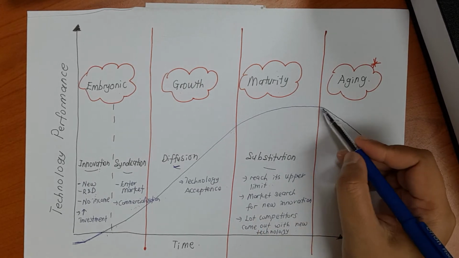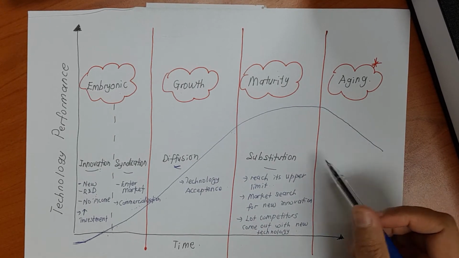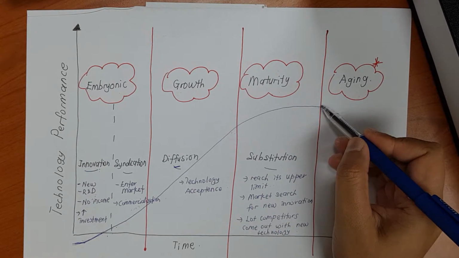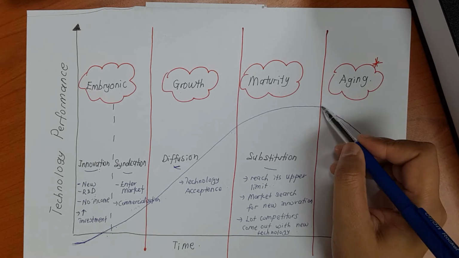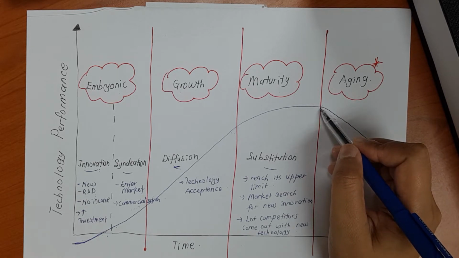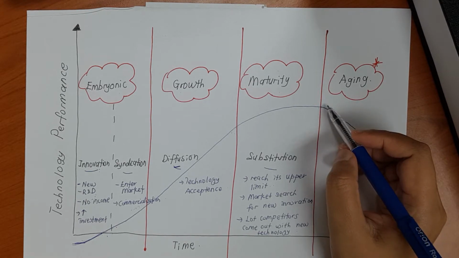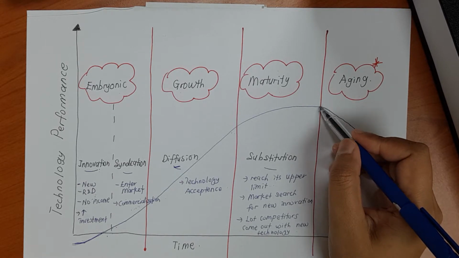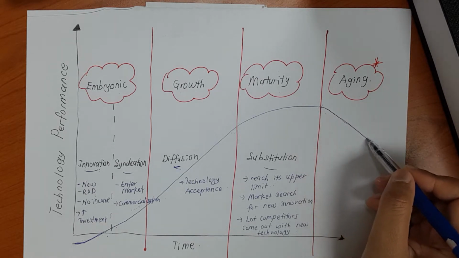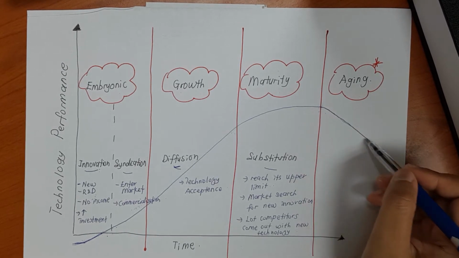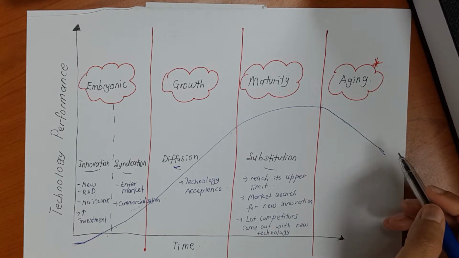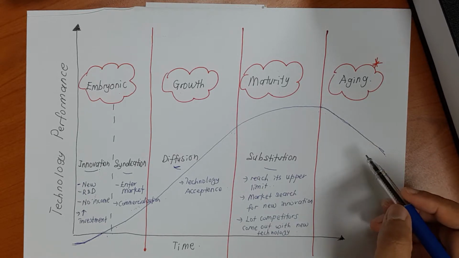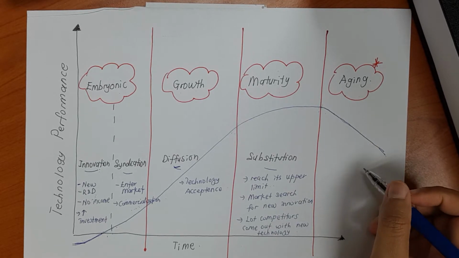After it reaches its upper limit, if the companies never take any action, the technology will decline, the performance will decline, meaning no more users will buy that technology.